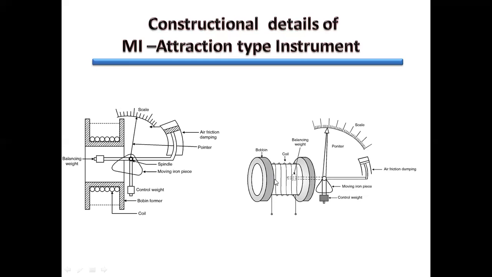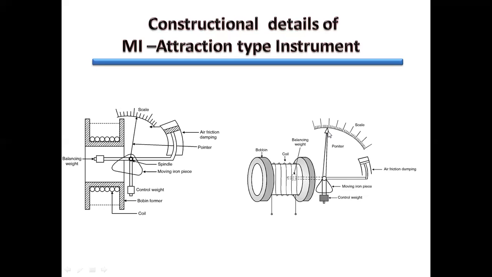The moment this coil carries current, it develops a magnetic flux around it along the axis of the coil. This magnetic flux also links with the iron piece, and as per the laws of magnetism, this iron piece gets attracted towards the magnetic flux and it travels in this direction. The moment it happens, to the same spindle a pointer is attached.